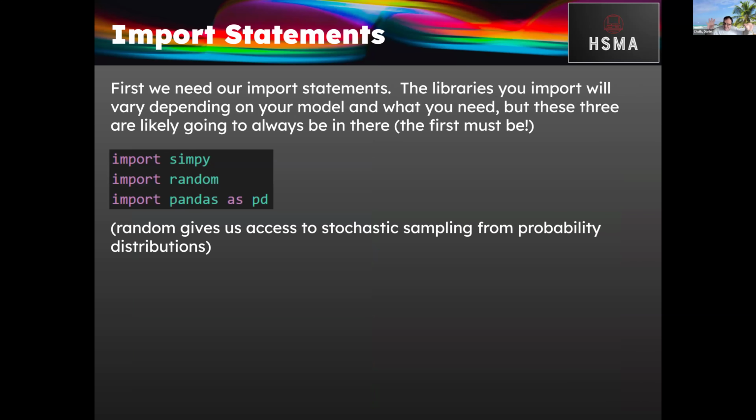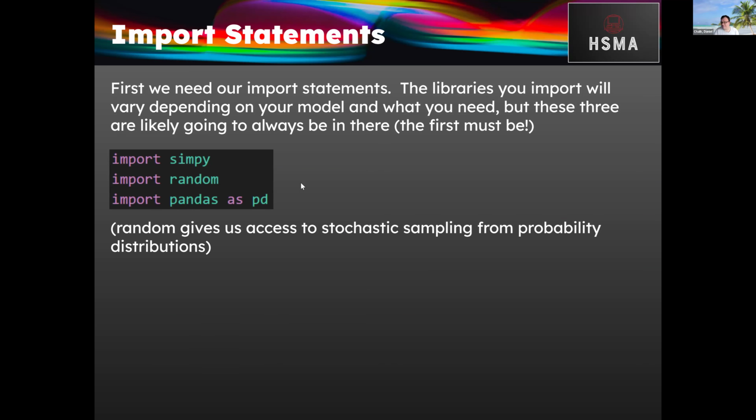But before we get into any of the classes, what we need to do first when we're writing Python code is import the packages we need. We will start with our import statements. So when we're doing SimPy modeling, we must import SimPy, otherwise it's not going to work. Whatever else you import is going to be very much down to you and how you've designed your model, but it's likely you are going to want at least these other two as well.